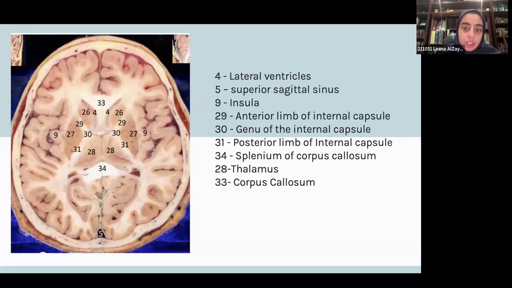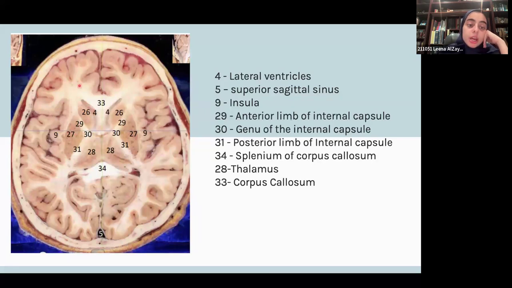Number 27 is not indicated here, so I'm not going to make things up, but I'm pretty sure it's some part of the basal ganglia, because it's lateral to it. Number 9 is something called the insula, and I'm going to remind you what the insula is. It's a part of the brain that you might have forgotten, but it's okay.